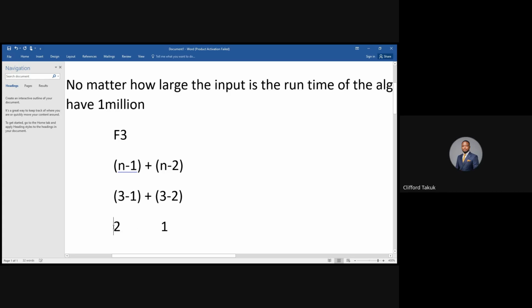Okay, so it will give you Fibonacci of 2 plus Fibonacci of 1. That will be the answer, the addition. Put F outside. Good. Plus F of 1, Fibonacci of 1.